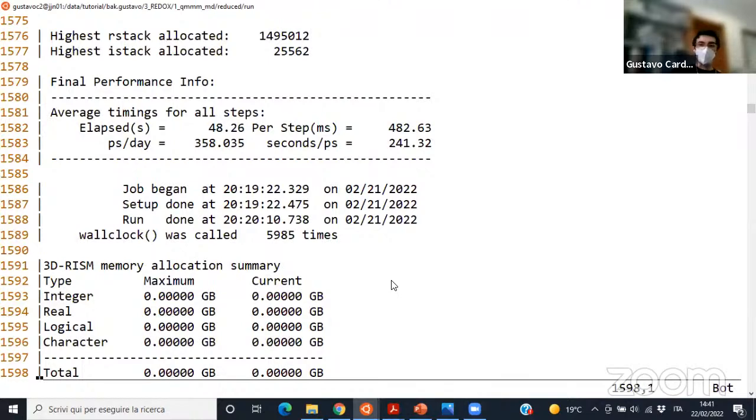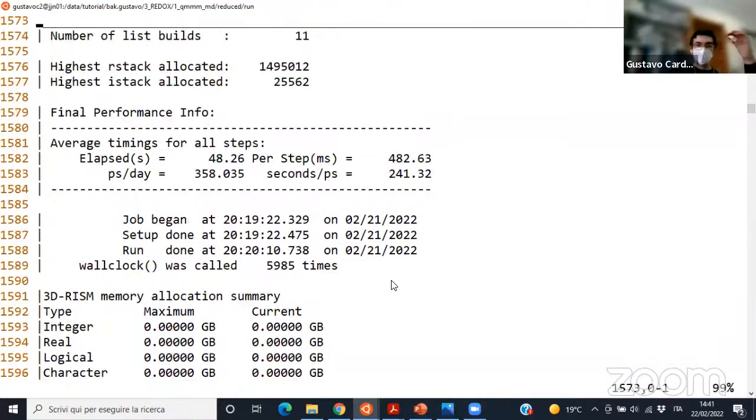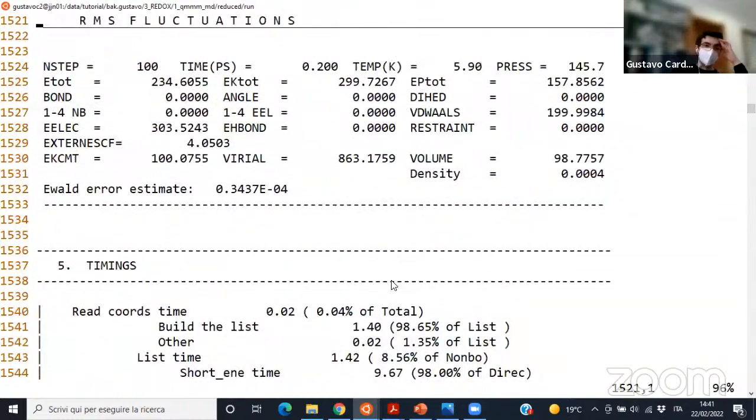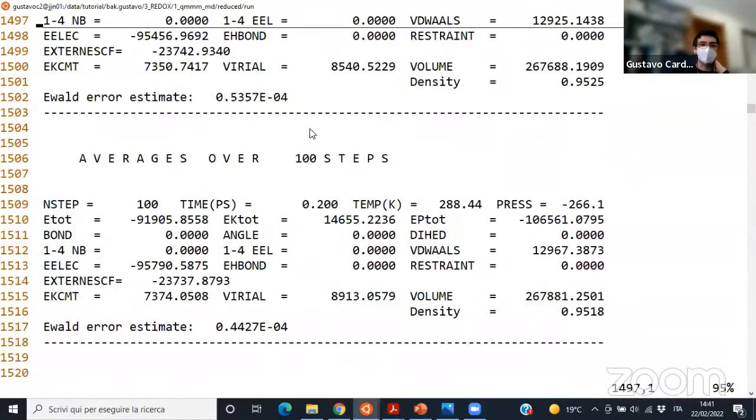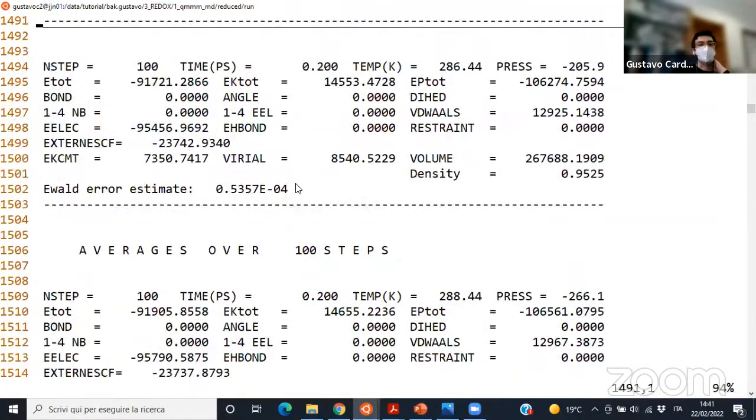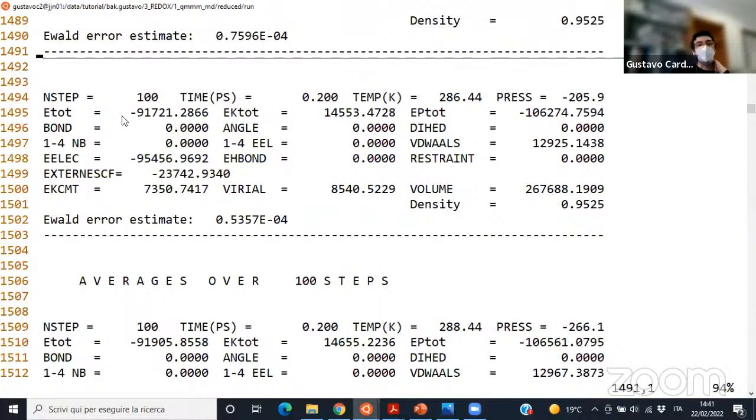Let's go upwards a little bit. We will have all this junk, and at this point we have these RMS fluctuations. This is really not interesting. Also, the averages are not that interesting. The really interesting part is all these time steps. In the QM/MM MD, we performed a 100 time step simulation.